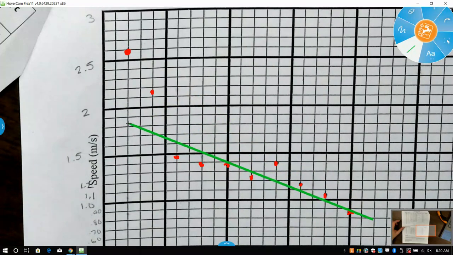So I'm not going to take my line of best fit and go crazy up here. I'm going to keep it along this spot.